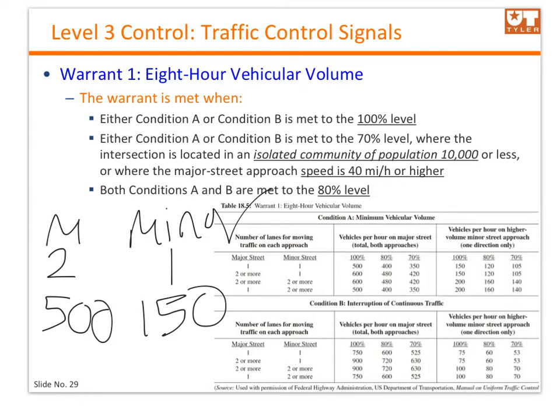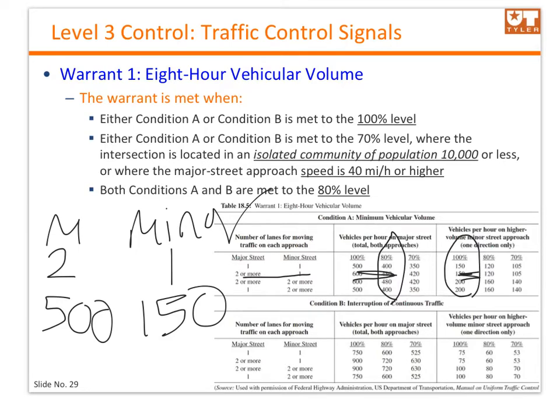I would pick this line, and the 500, which is the total vehicles per hour on the major street, is somewhere between these 2 numbers, 480 and 600. So for the major street, it satisfies the 80%, but it doesn't reach the 100%. For the minor street, 150 is 100%. So it's 100% for the minor but 80% for the major, and therefore we say this warrant was met at 80%.